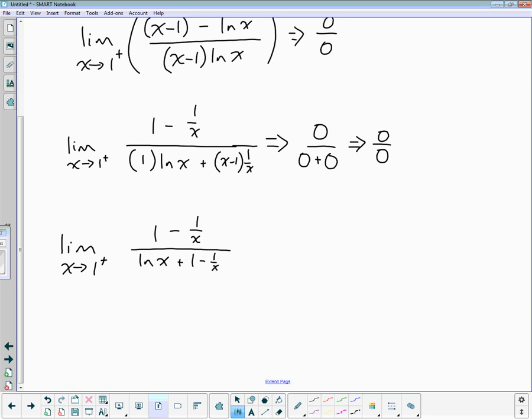Okay. I use distributed. All right. So again, let's go ahead and take L'Hopital's rule.